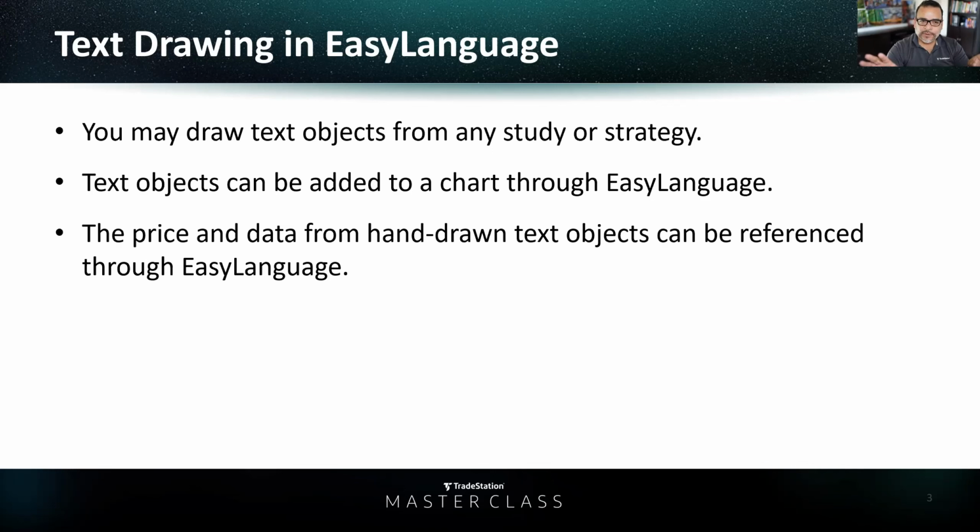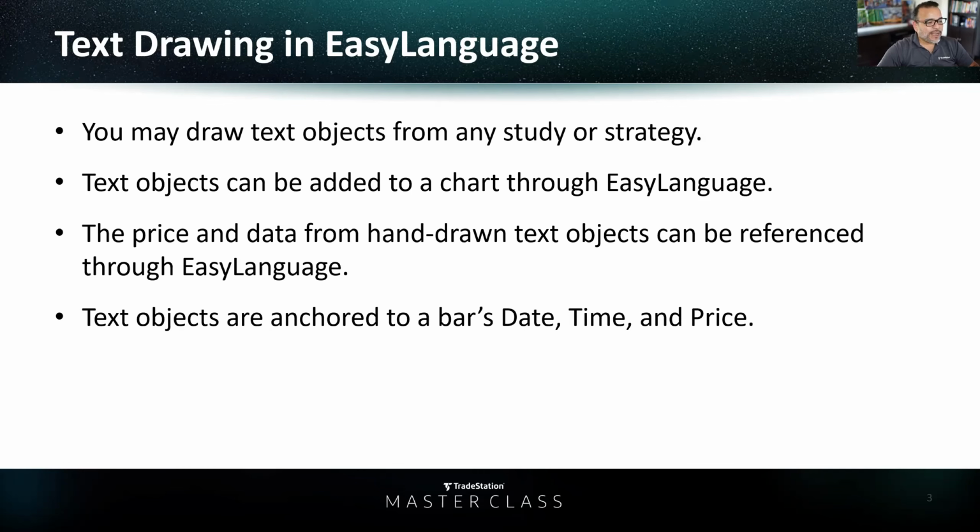We're going to do something a little bit more simple, but you're able to identify these objects when you draw them by hand. Text objects are anchored to a bar's date, time, and price. It is important to understand that. So when we create these text annotations in the chart, you're going to have to supply the date, the time, and the price on which the text annotation is going to appear. Very similar to what we did with trend lines.